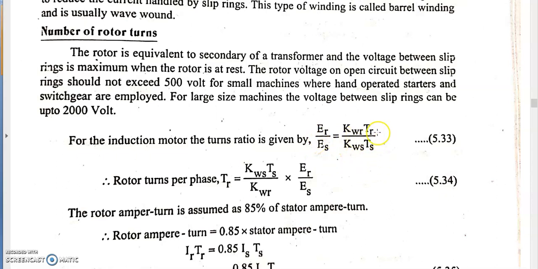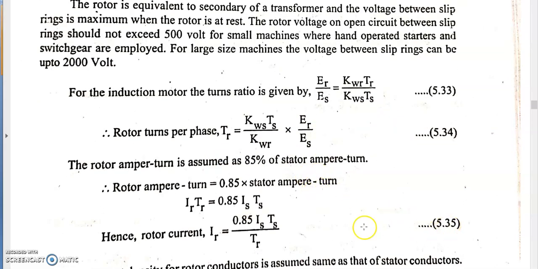But instead of simply N2 by N1, we define the number of turns with the rotor winding factor and stator winding factor. From this we can calculate the rotor turns per phase. Our objective is to calculate TR, the total number of rotor turns per phase.